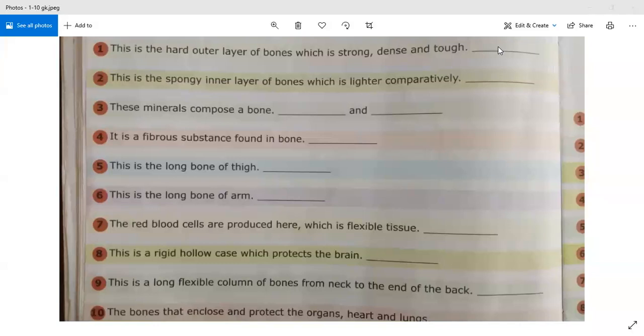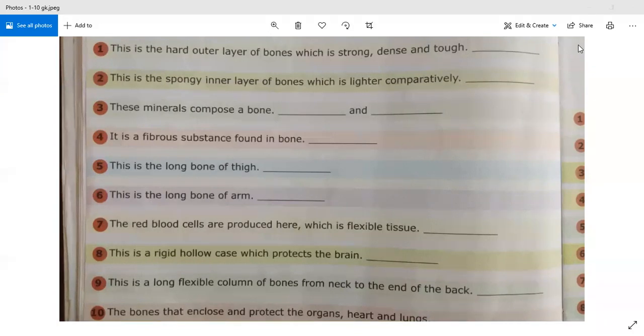The very first fill-up is: this is the hard outer layer of bones, which is strong, dense, and tough. Every bone has a very strong, dense, and tough hard layer. That is the outer layer, and this outer layer protects the bone. And what is the name of that bone?